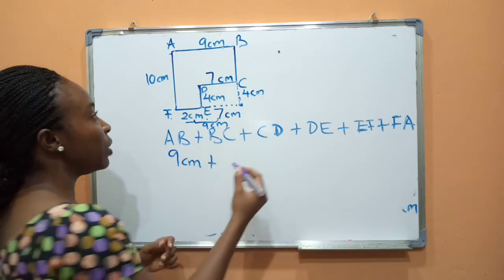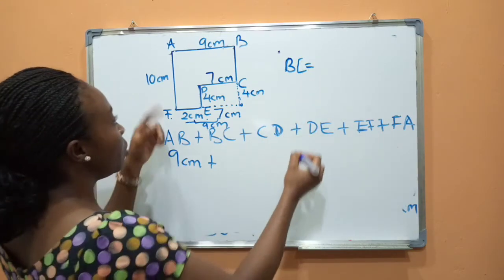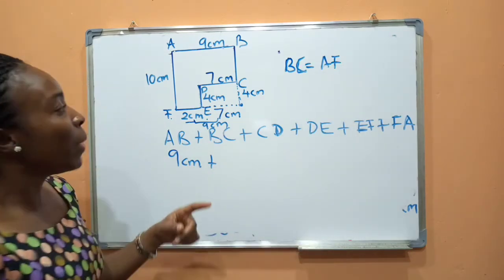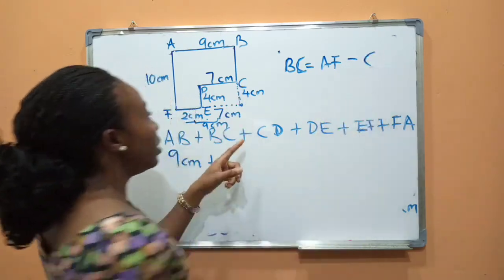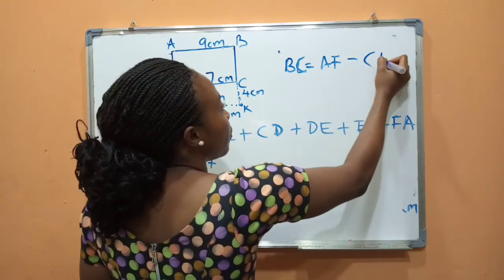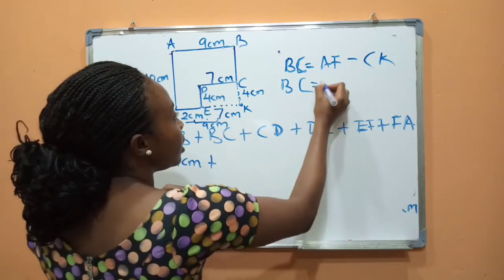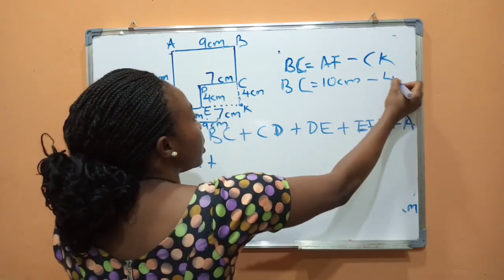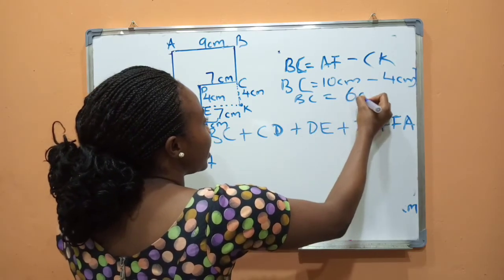In order for us to find BC, we are going to say BC is equal to AF minus, let's call here K. All right, so we have K. So BC is equal to what? AF is 10 centimeters minus what? CK, which is 4 centimeters. So BC is equal to 6 centimeters.